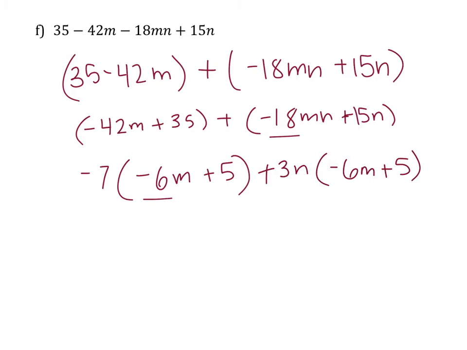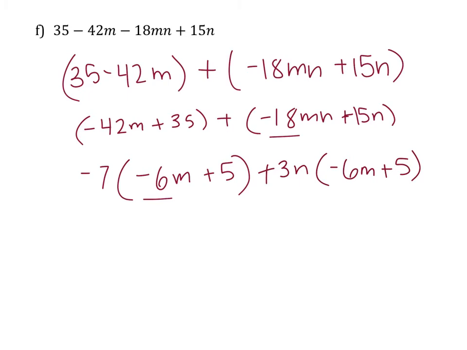And it works out really nicely, because I did that first step of flipping the original ones. I'll show you how to do this without doing that in the beginning, but if you can, whenever you see something weird where it's backwards, just switch the places of the two, but keep the signs with the appropriate term. So the negative 42m still is negative, the 35 stayed positive, but I just switched the places.